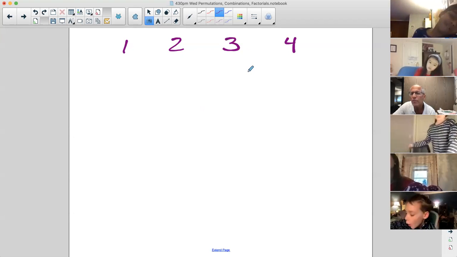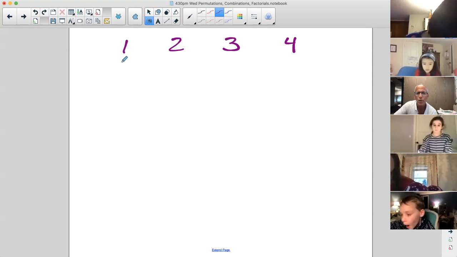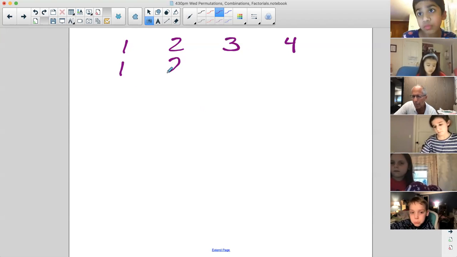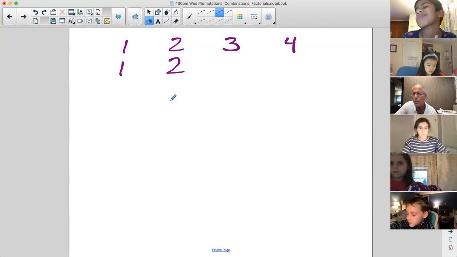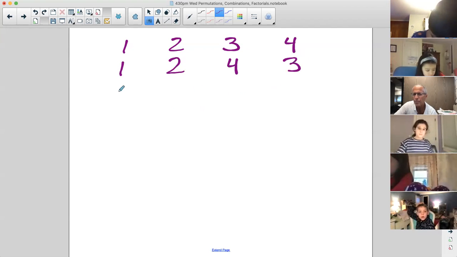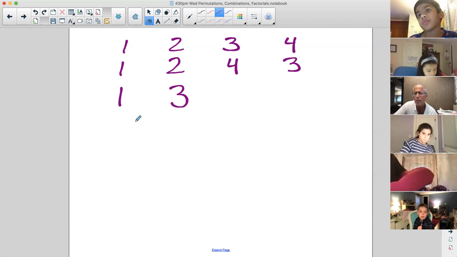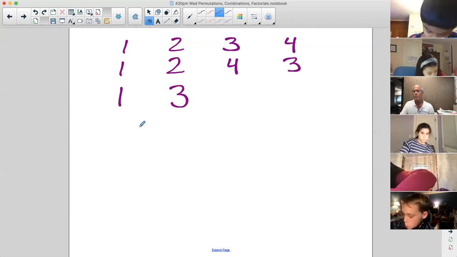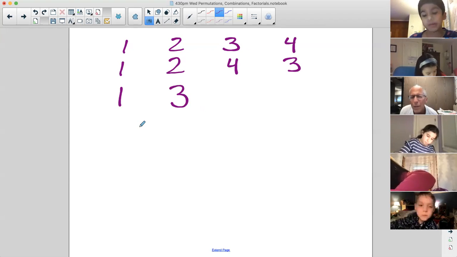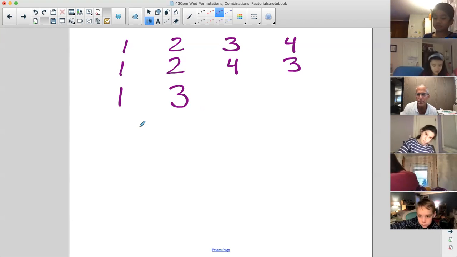And I'm just going to give you a little push. The second one I would do using combinatorics is 1, 2, 4, 3. And then I'm going to give you one more little push, and that's it. So right now, I've given you 2.5 permutations.